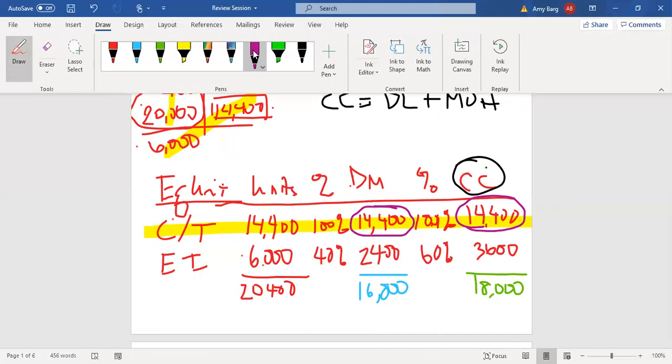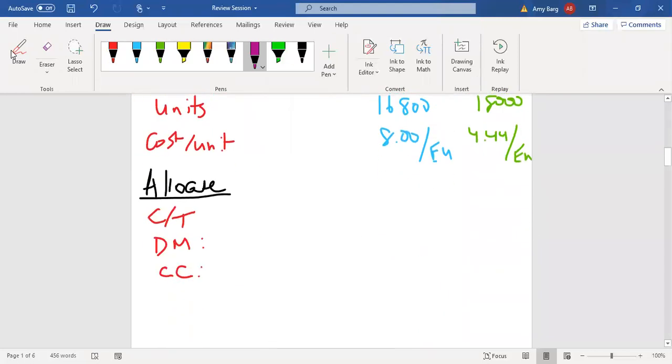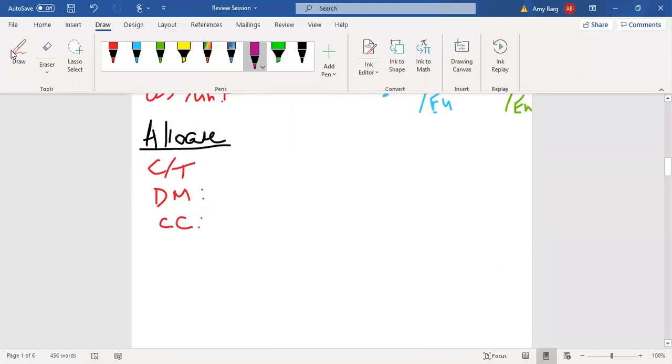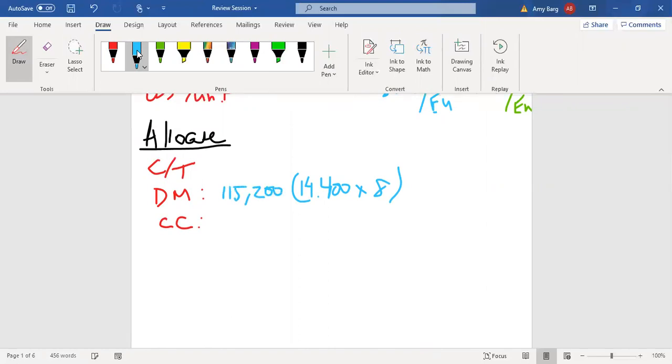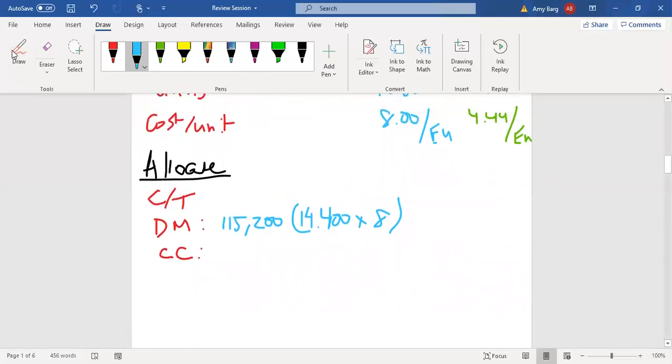So let's go back down here. For direct materials, we can say that there were 14,400 times $8. So that is equal to 115,200. And then for conversion costs, let's bring this down just so you can see a little bit better.